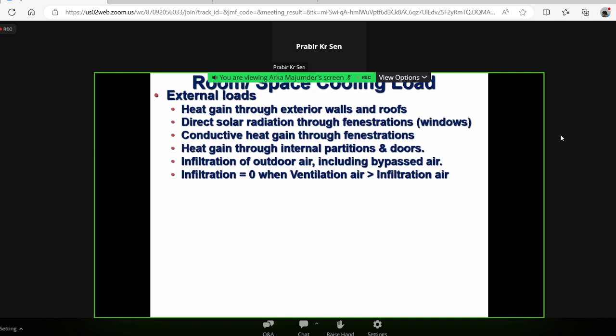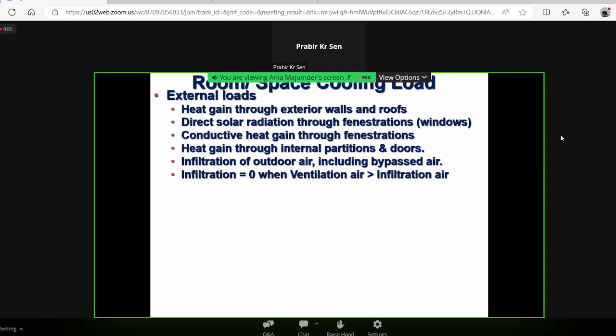But otherwise, in normal conditions, unless you want the outside air not to come in, for example if you are having some radioactive experiment inside the room or there is an infectious patient, the ventilation air is more than the infiltration air. You have to decide how much air to supply to the room. That consists of two parts.